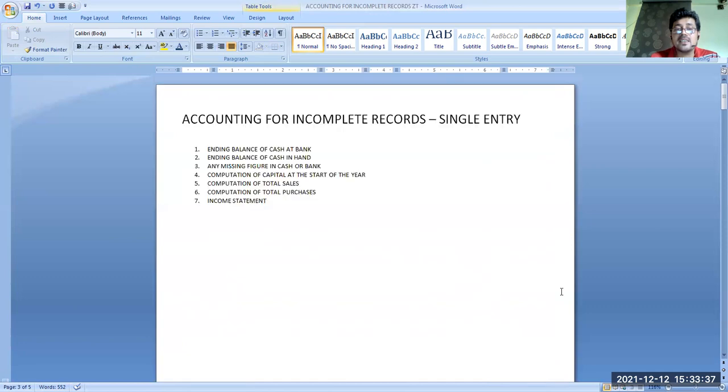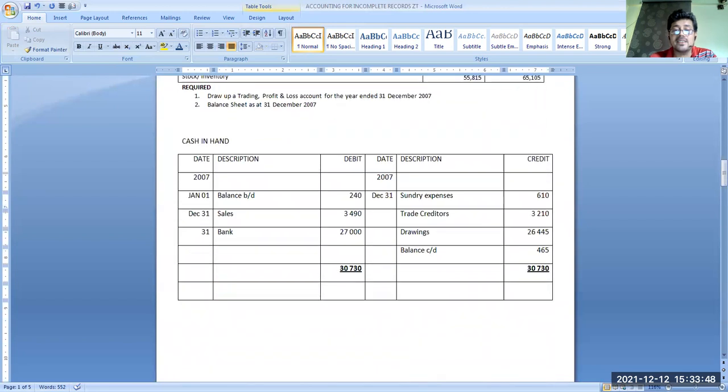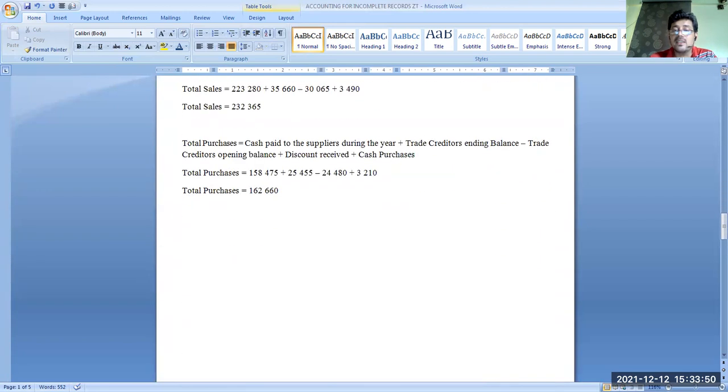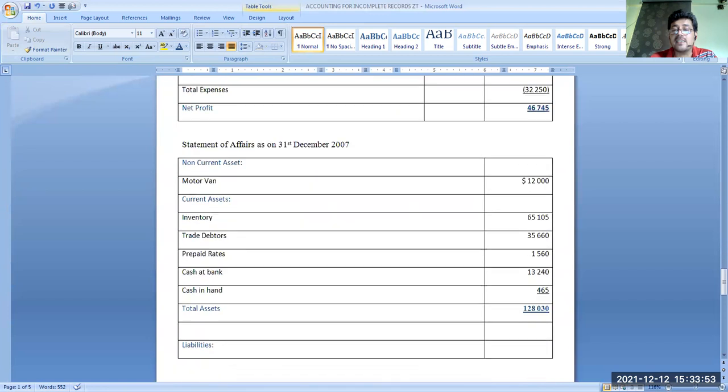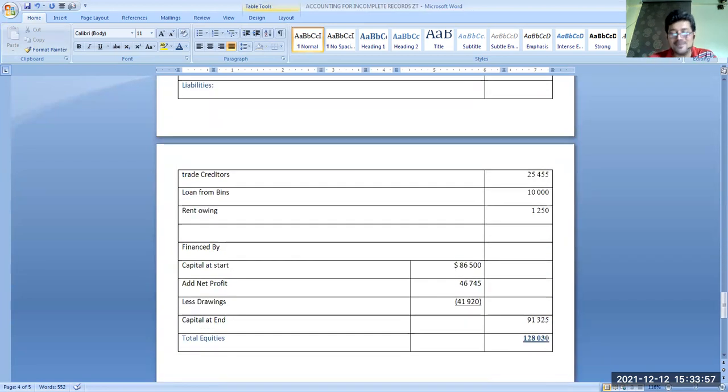We have done accounting for incomplete records today. With all these 8 requirements, you should keep in mind they can ask you, and be very careful while computing these things, because a very small missing amount can create a problem for you, just as it has created for me today.